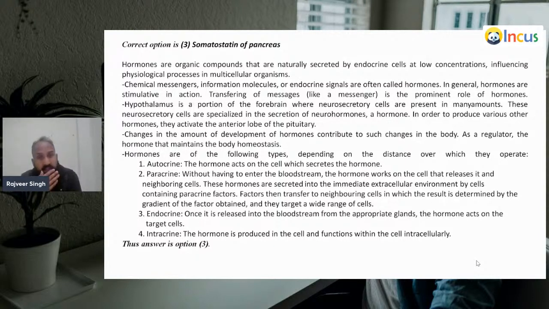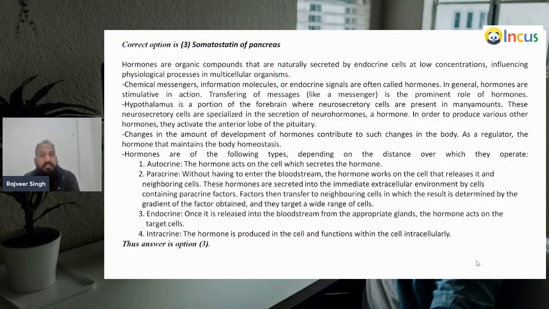Now, hormones are of the following types depending on the distance over which they operate. First, autocrine: the hormone acts on the cells which secrete the hormone. Paracrine: without having to enter the bloodstream, hormones work on the cells that release them and neighboring cells.